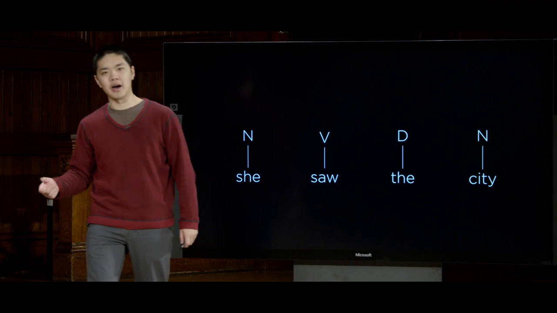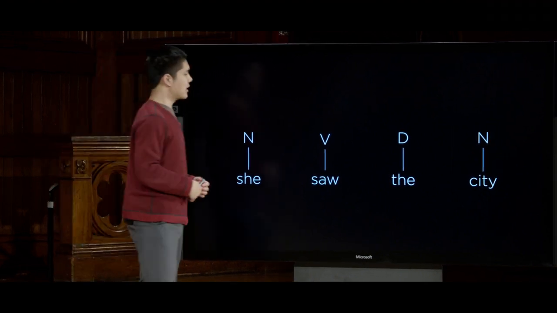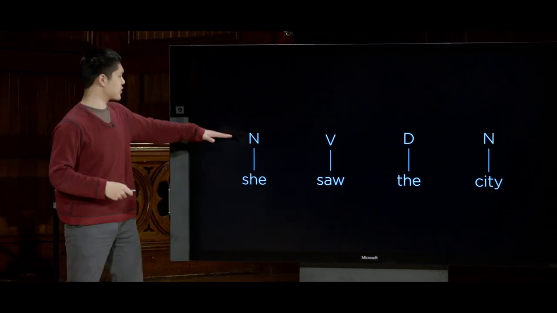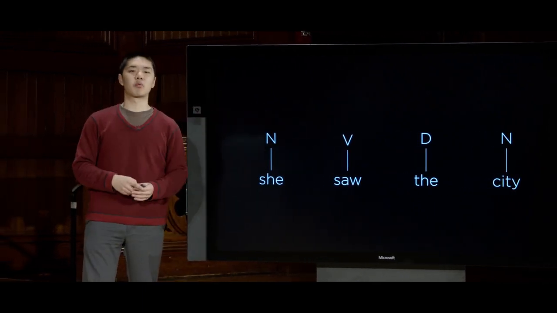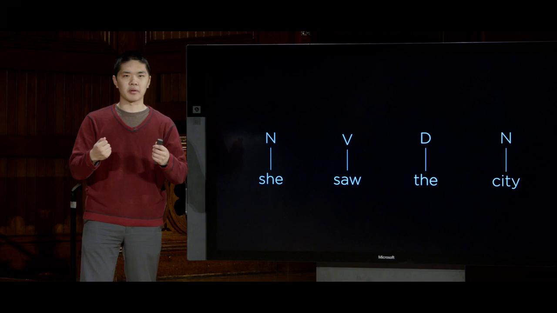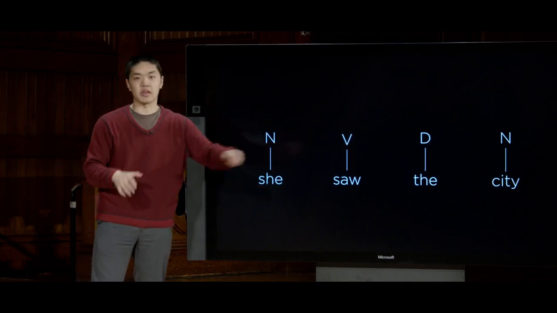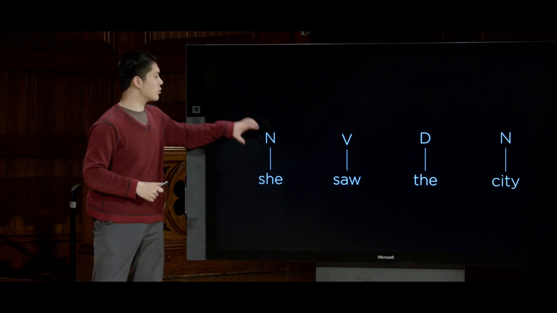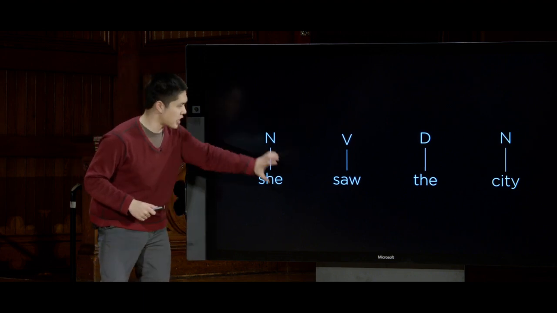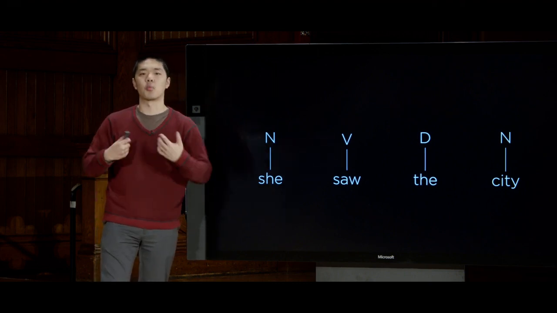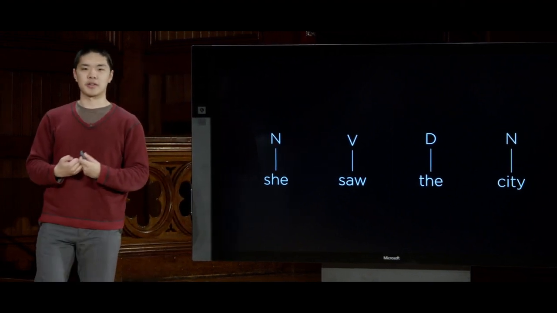These are words like the and a and an, for example. And then "city," well, "city" is also a noun, so an N goes there. So each of these, N, V, and D, these are what we might call non-terminal symbols. They're not actually words in the language. "She saw the city," those are the words in the language. But we use these non-terminal symbols to generate the terminal symbols, the words that are actually in a language like English.